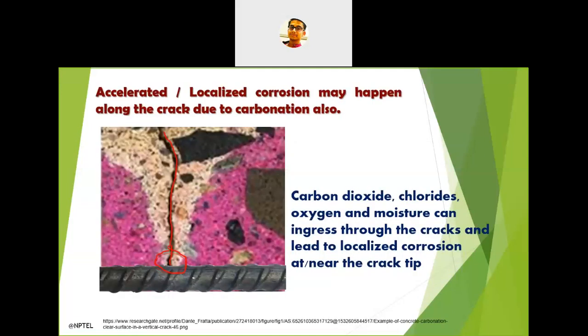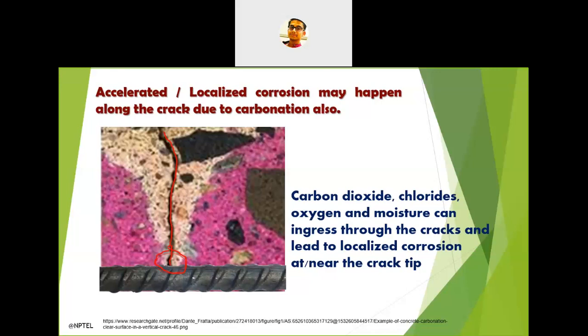So now I will show you how the cracks initiate different types of corrosion. It's a case study, and we have seen how different types of deleterious elements enter through the crack and how they affect the reinforcing bar.